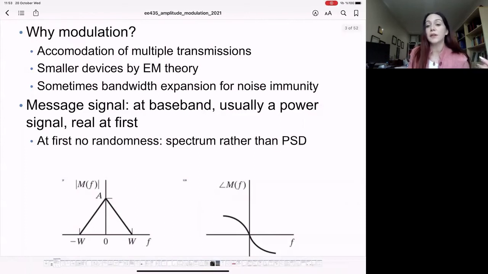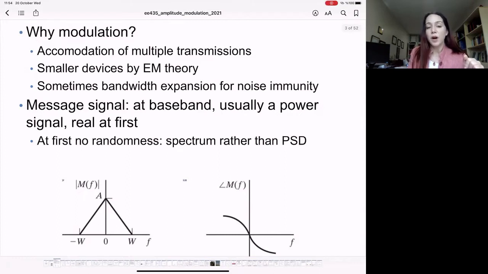There are other reasons, like propagation, for example. Higher frequencies have different propagation properties than lower frequencies, but that is sort of beyond our scope at the moment.